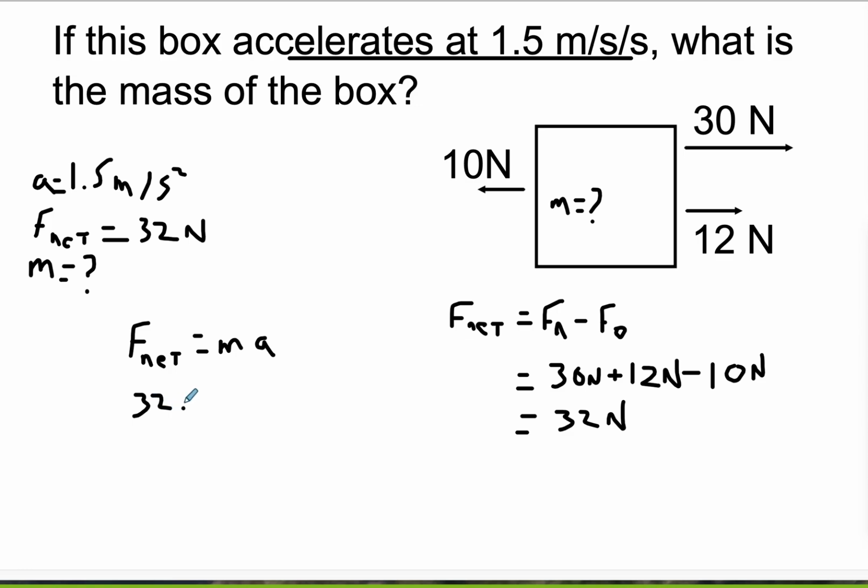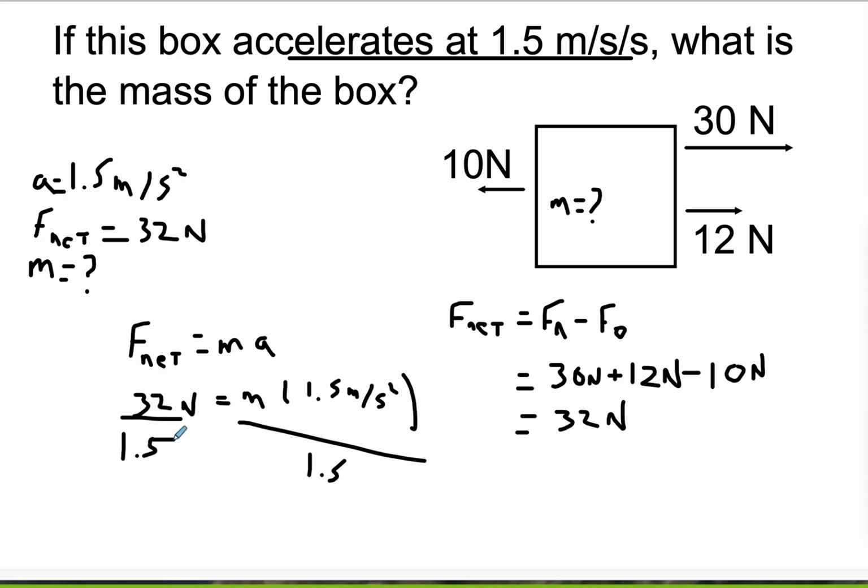So we'll plug in our numbers here. 32 newtons equals the mass times 1.5 meters per second squared. And then we want to get rid of this 1.5. We'll divide both sides by it. Sorry I didn't write down the units, but they're there. These 1.5s will cancel. And this one, I do need to plug in my calculator.